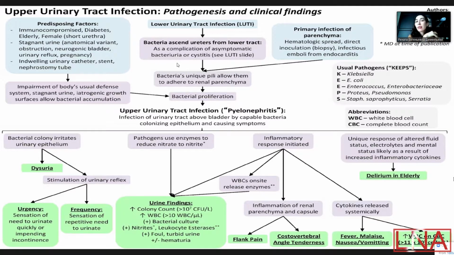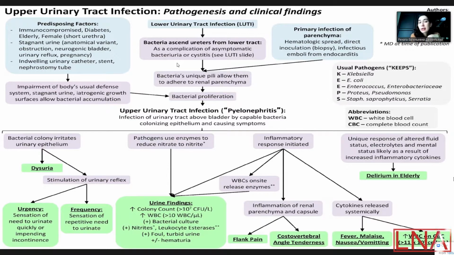Primary infection of the parenchyma can occur by hematogenic or lymphogenic spread, direct inoculation after a biopsy, or infected emboli from endocarditis in case of sepsis, for example. All these problems lead to upper urinary tract infection or pyelonephritis.